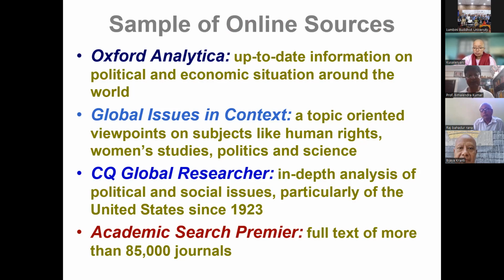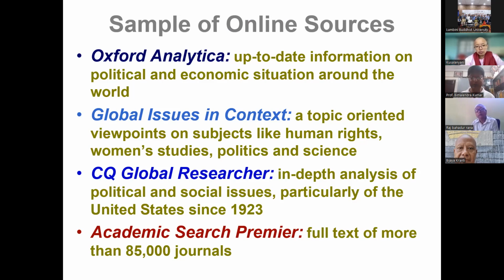You will find Global Issues in Context, with topic-oriented viewpoints on subjects like human rights, women studies, policies, politics, and science. One can get information on this website. There is another, CQ Global Researcher, with in-depth analysis of political and social issues, particularly of the United States since 1923.